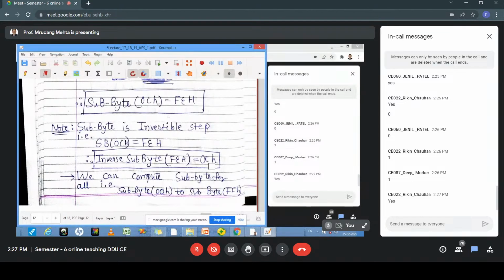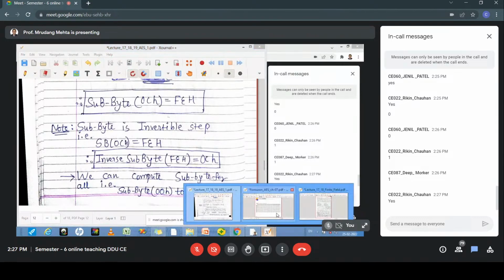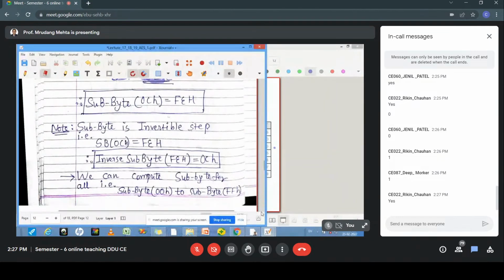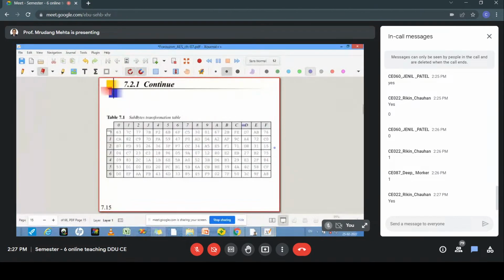Okay, and if you look at this table, what we have found is 0C. So look at 0 and C, that is FE.